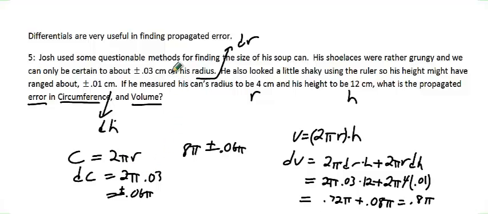If you have some sort of plus or minus change in r, you're going to have to put that dr on the problem. If the radius was 4 period, there wouldn't be any dr and there wouldn't be any error. It would just be 8 pi period. The second you start talking about error, that's when you start doing differentials. And the only difference is you tack a dr on the end of it, just like you do with implicit differentiation.